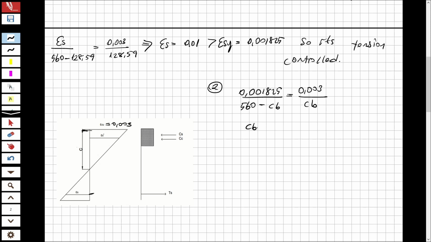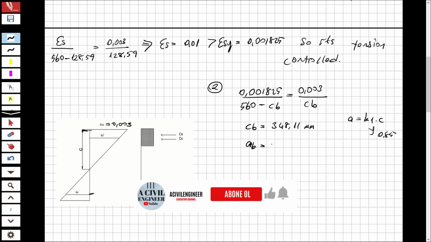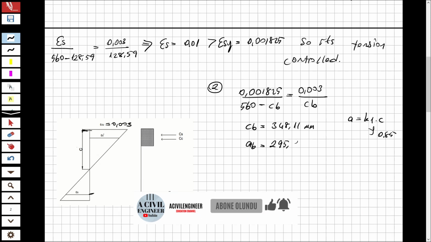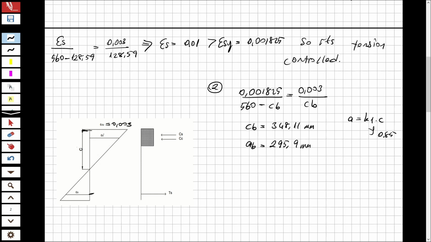From this compatibility, I obtain cb as 348.11 millimeters. If you remember, a is equal to K1 multiplied by c, and K1 is 0.85 because the concrete type didn't change. So ab will be equal to 295.9 millimeters. Now I have obtained ab and cb.